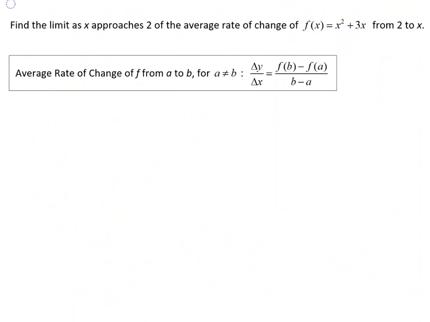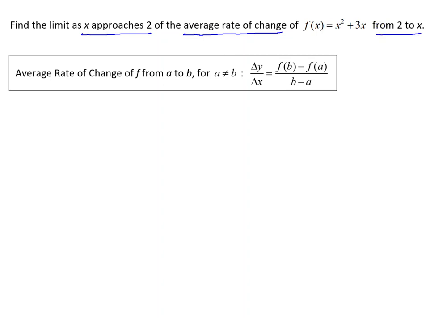In this next example, we're looking at average rates of change. Find the limit as x approaches 2 of the average rate of change of f of x equals x squared plus 3x from 2 to x.